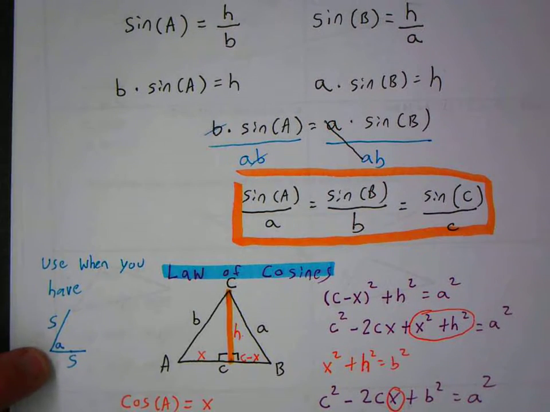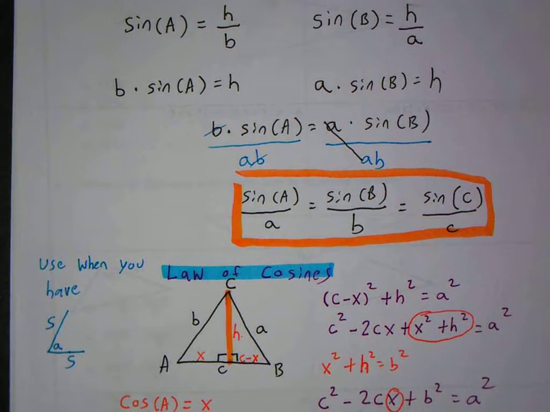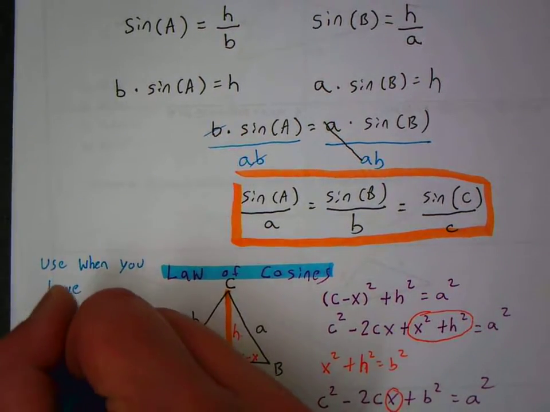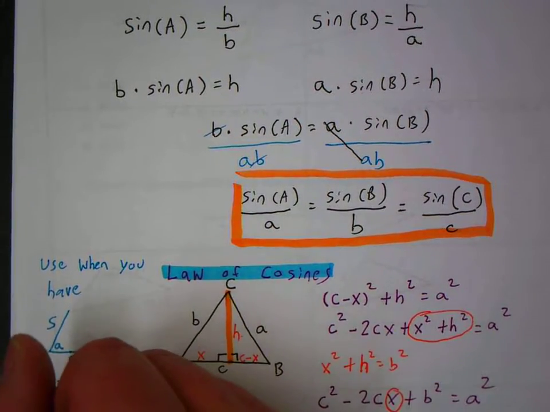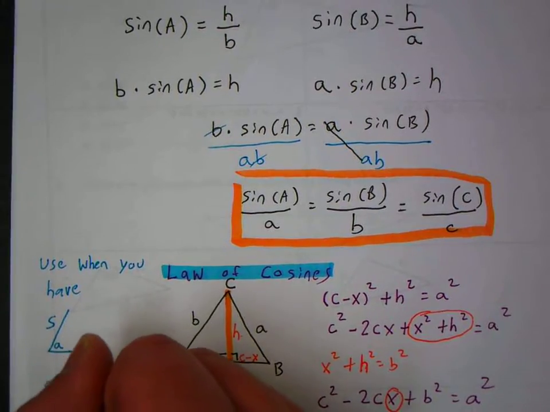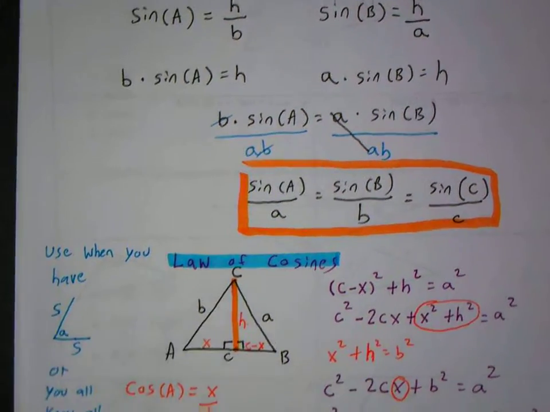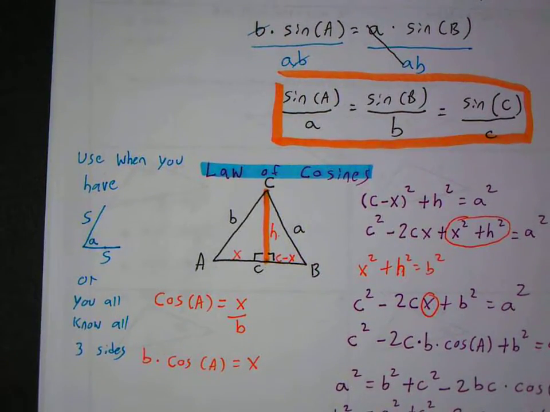So when you have an angle included between two sides, that's when you're going to use it. And if you know all three sides and no angles.